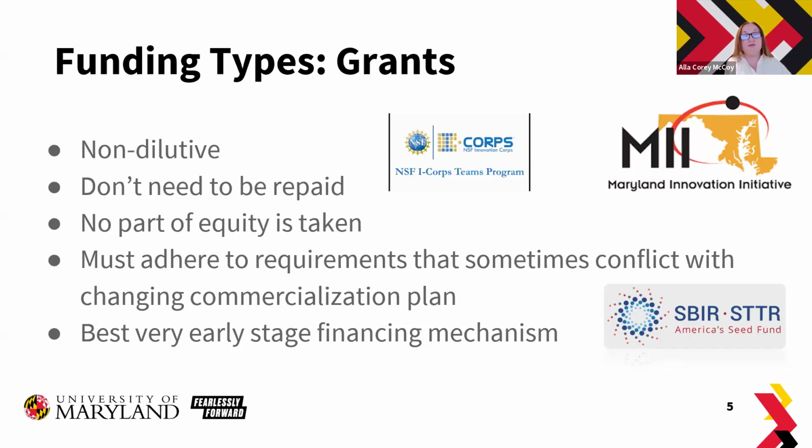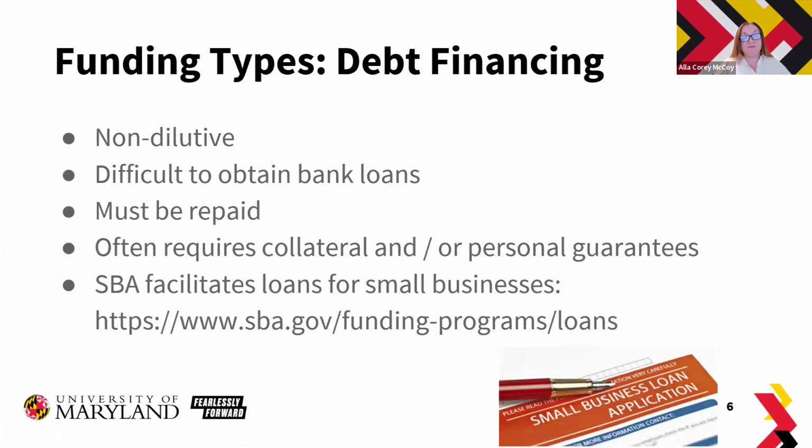And if you receive a grant where you say that you're going to develop specific technology, make sure that the deliverables you're promising under that grant do not conflict with your commercialization plan. It is, however, one of the best very, very early stage financing mechanisms because it is non-dilutive, and you don't have to pay it back, unlike debt financing.